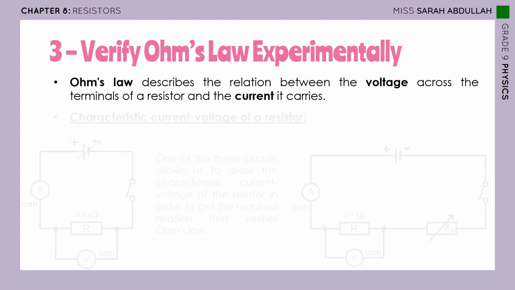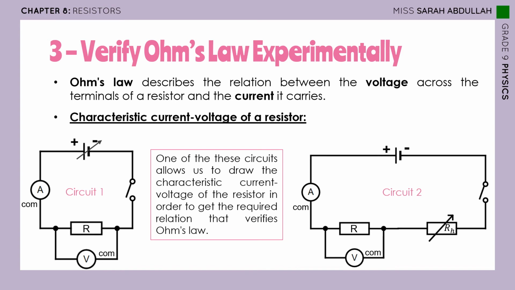For me to study or verify Ohm's law experimentally, I need to use one of these two circuits. The first circuit consists of a DC power supply or a generator. It's like a dry cell, but I can change the value of the voltage that is supplied.